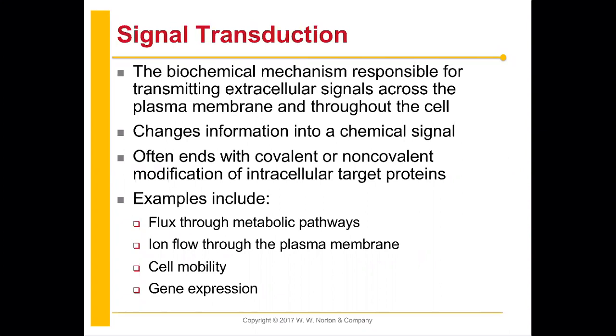Usually at the end of this signal transduction pathway, you're going to end up with a covalent or sometimes a non-covalent modification of our intracellular target proteins. Our target proteins are at the bottom of the pathway. The receptor proteins are at the top, and the targets are at the bottom.